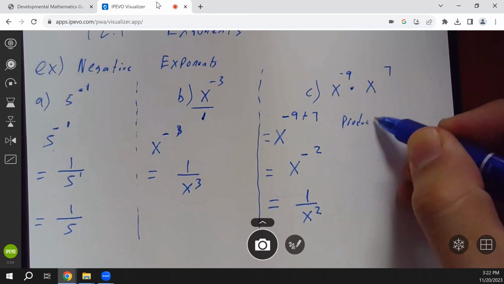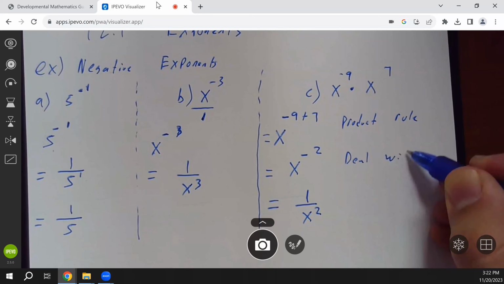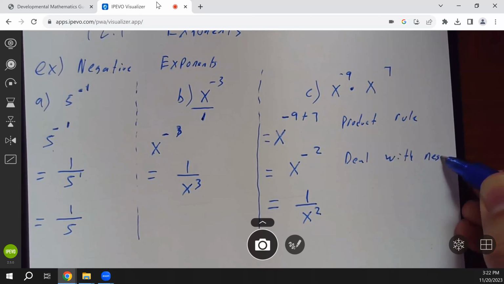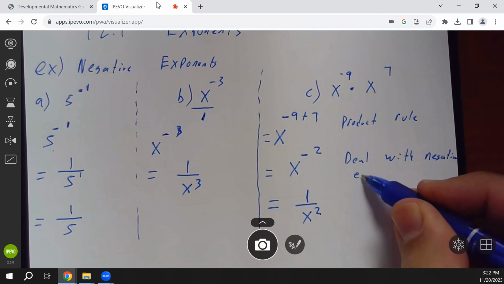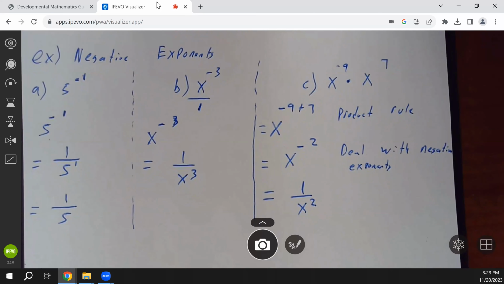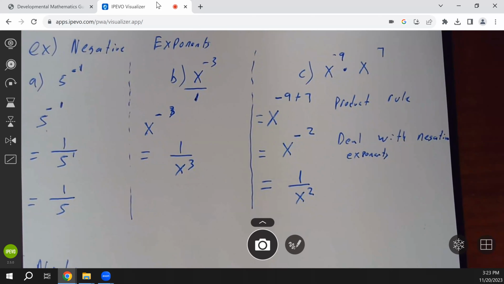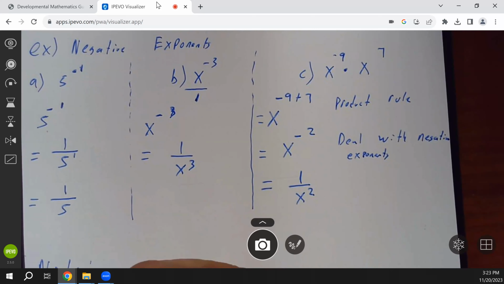Product rule. Deal with negative exponents. Any questions with this first example?